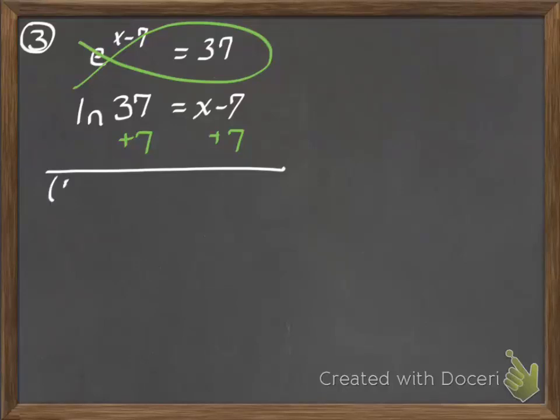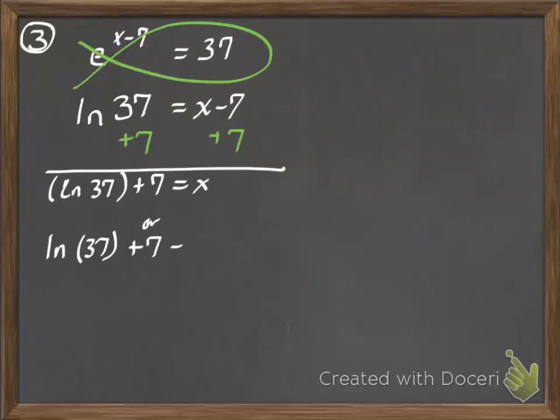So it's going to be ln of 37 plus 7 is equal to x. And you can write it this way, or ln of 37 in parentheses itself plus 7. Those are two good ways of writing it if you're going to be putting the number at the end.